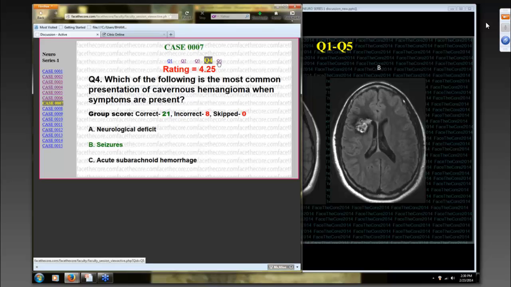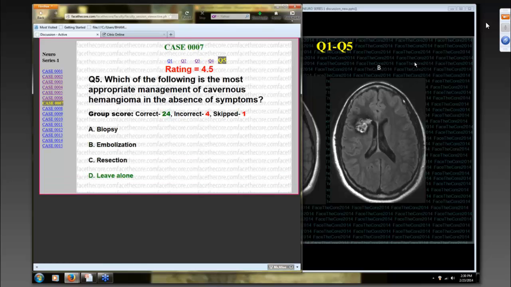And seizures, because of that subclinical bleed, is the most common presentation in cases of cavernous hemangiomas. Neurological deficits on and off whenever it bleeds can sometimes happen, and that is when it mimics multiple sclerosis, but it is very much less common. And acute subarachnoid bleed is not usually a presentation in cases of cavernous hemangiomas.